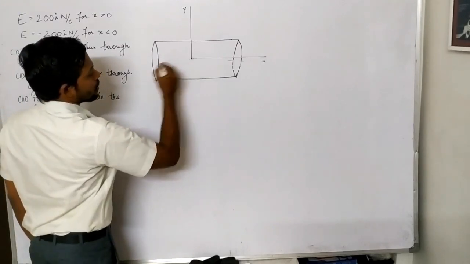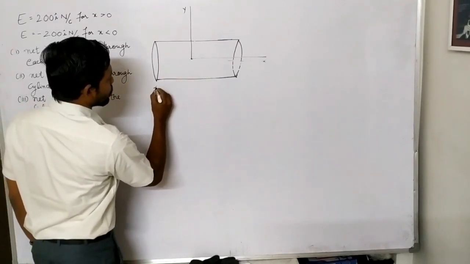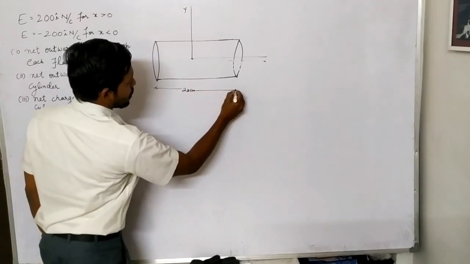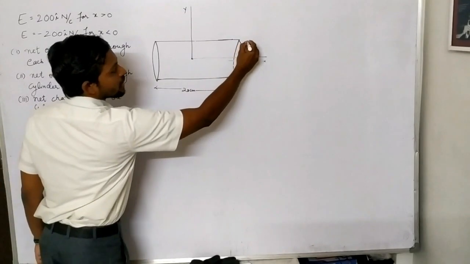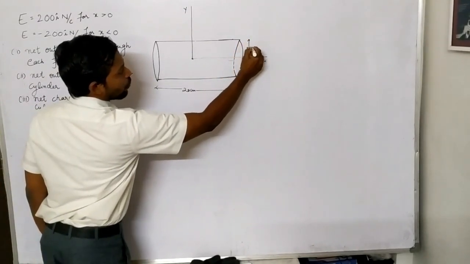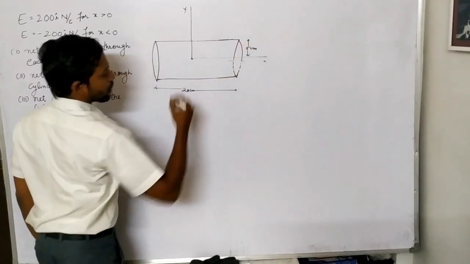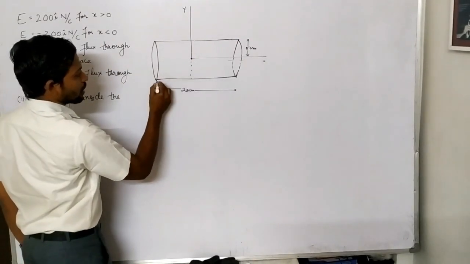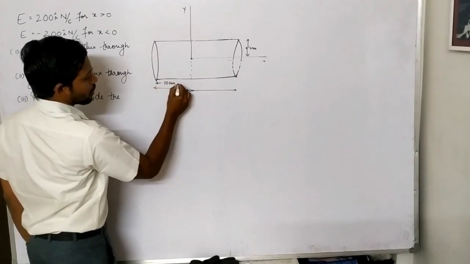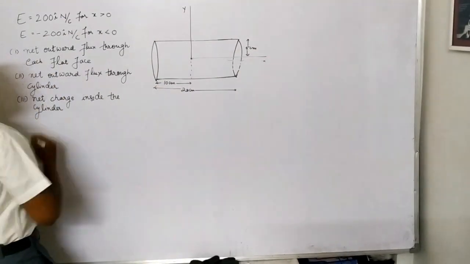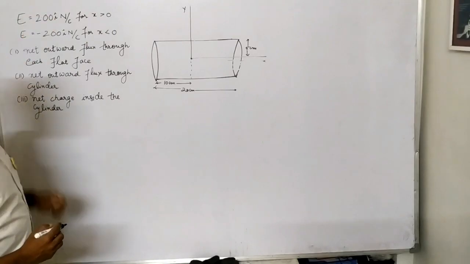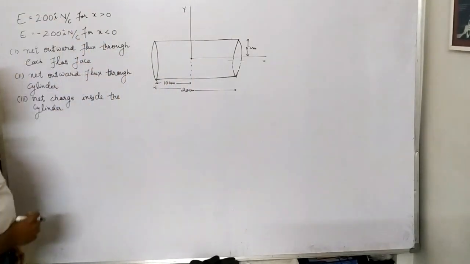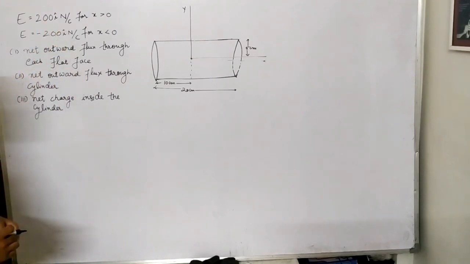The length of this cylinder is around 20 centimeter and the radius of the cylinder is 5 centimeter, so this half length will be 10 centimeter. It's very clear that for x greater than 0, the electric field will be 200 i Newton per Coulomb.